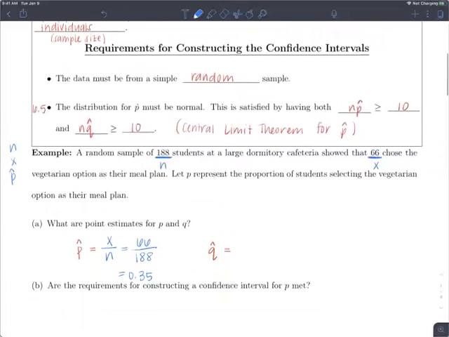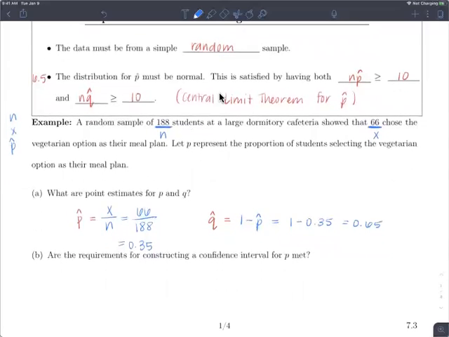And so I'm going to do 1 minus P hat, which is 1 minus 0.35, and so it's going to be 0.65. So yeah, any questions about part A here?